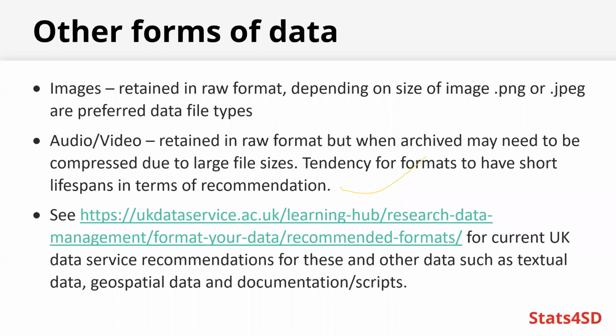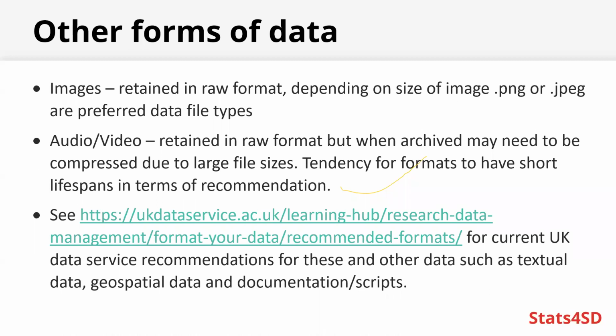And just to finish off, as we say with qualitative data, you're dealing with quite different forms of data, and you're not dealing with data sets, you might be dealing with images and text files. So just a little bit on those.